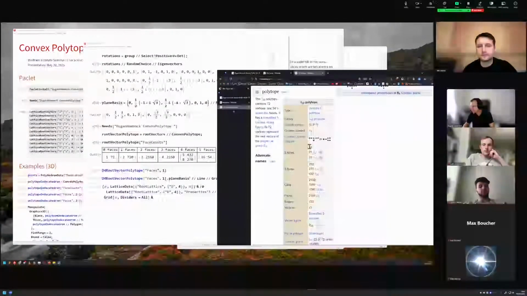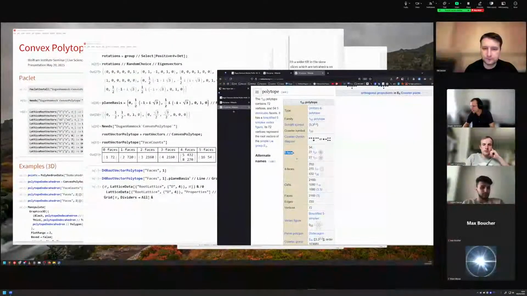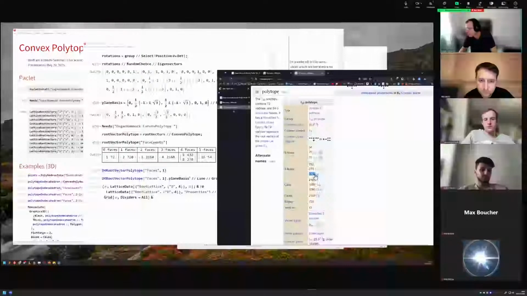It has 54 5-dimensional faces. The 4-faces decompose to, there's 702 of them. 432 that look like, I think they're pentatopes, and 270 111s.